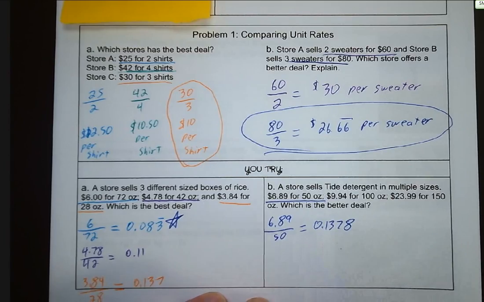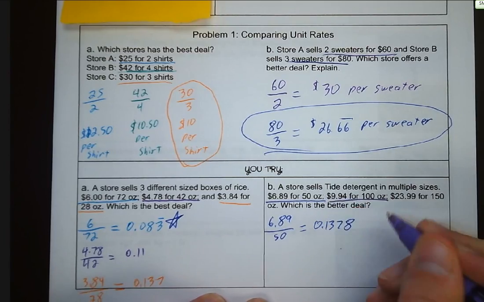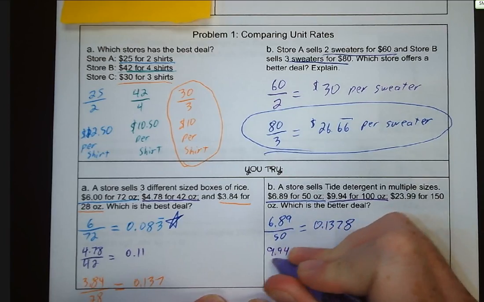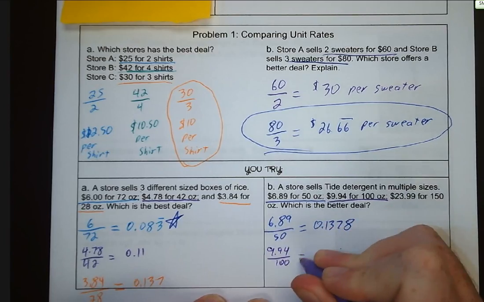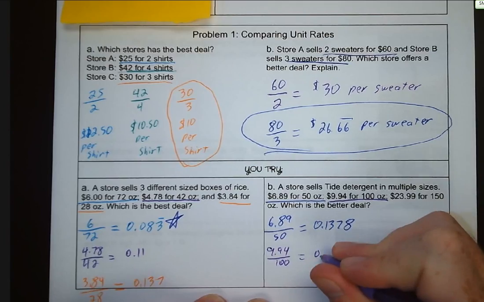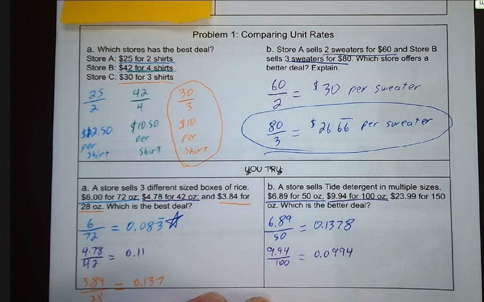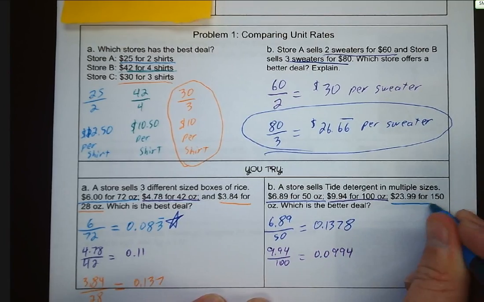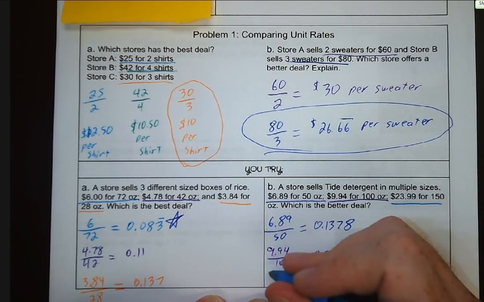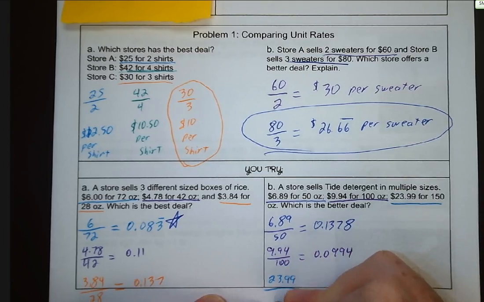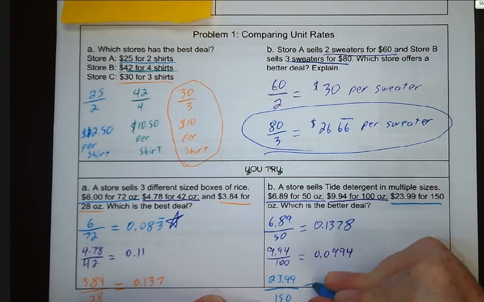We have $9.94 for 100 ounces, which is 0.0994. And lastly, we have $23.99 for 150 ounces. 23.99 over 150, which is equal to 0.16.